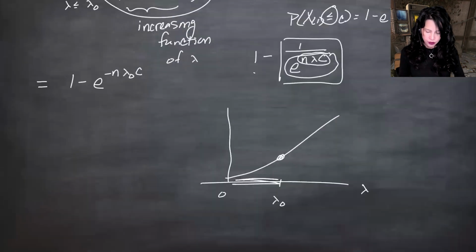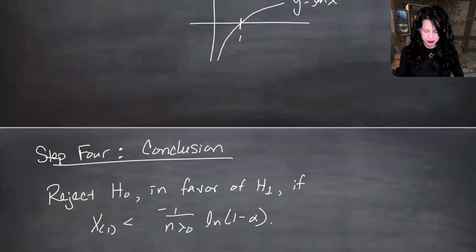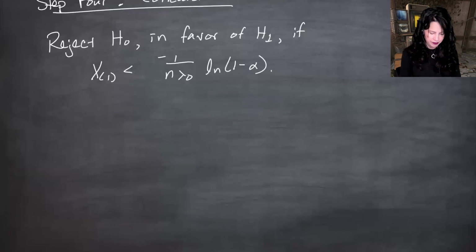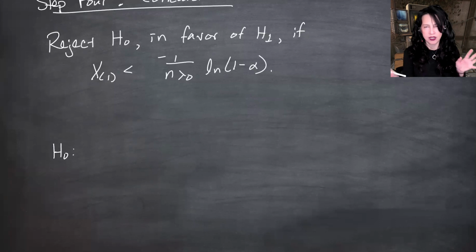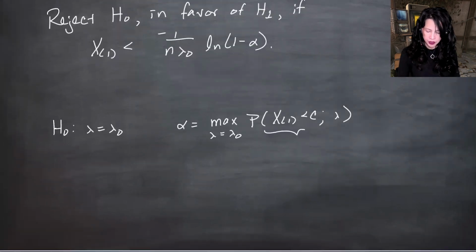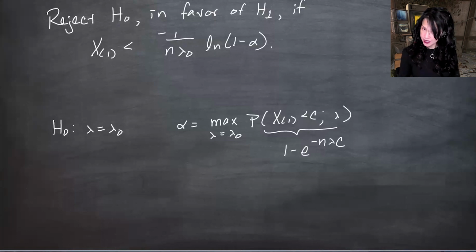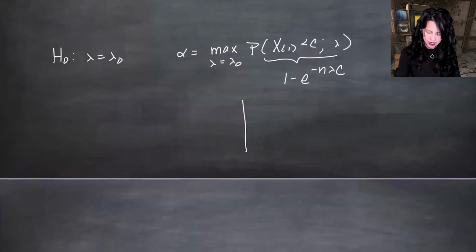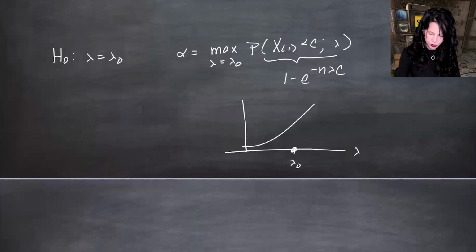Don't write this down because I'm not finished with this problem, but this is like a marginal note: if you had lambda equals lambda naught, and you found yourself computing alpha as the maximum probability that the minimum is less than C when the parameter is lambda, but lambda could only equal lambda naught. Here you have a function and it is increasing in lambda, but increasing, decreasing, I don't care because there's only one lambda we're looking at, and that's right here.